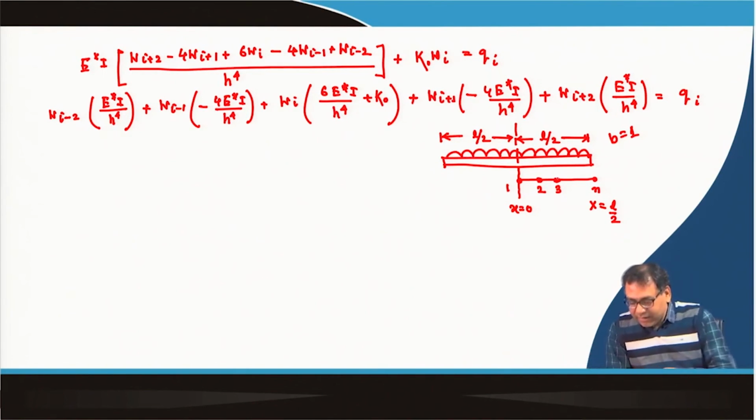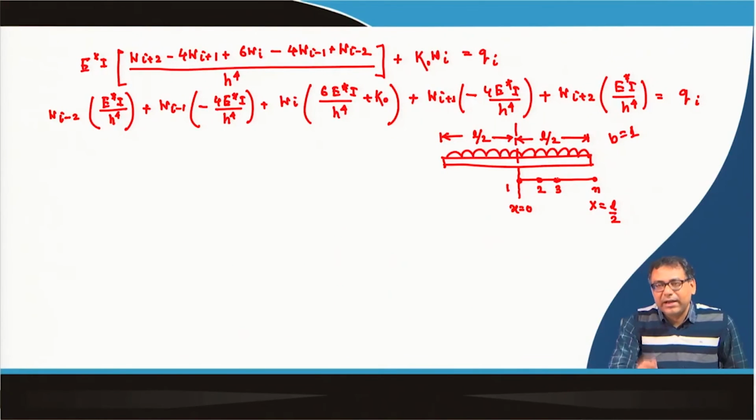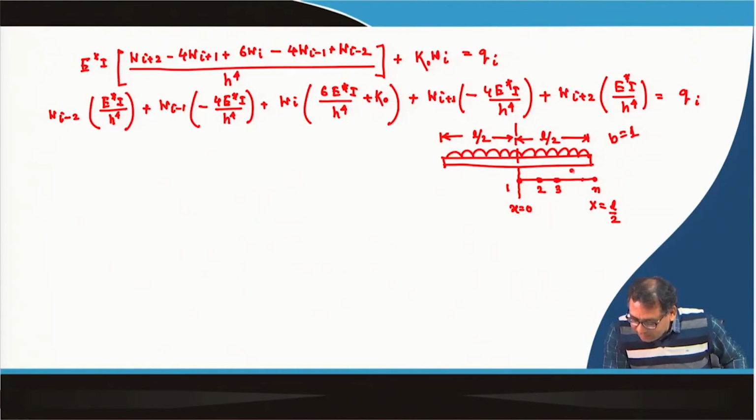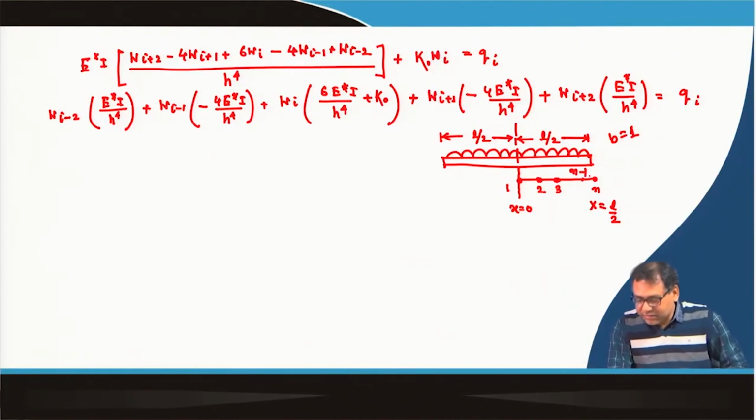A similar thing will happen for the nth node and the n minus 1 node. These 4 nodes, the first node, the second node, the nth node and the n minus 1 node, we cannot directly apply this equation to, because we need more nodes. For the other nodes, from 3 to n minus 2, I can apply this equation, no issue.